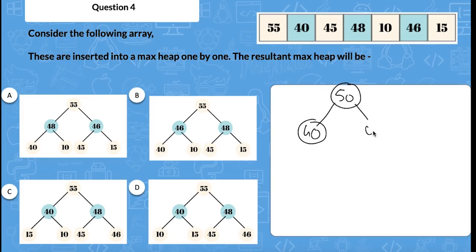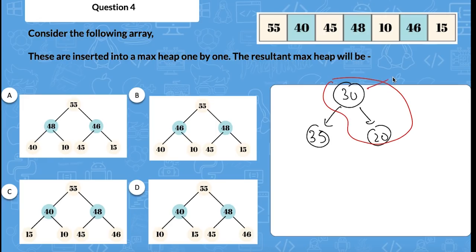But had it been 30 and let's say 35 here, and in the next case let's say 20 here, at least this particular part would be sorted because the parent element is greater than the child element. But for this particular part, this is not true because the child element is greater than the parent element. So what would happen? A swap would happen. That is, this and this will get swapped with one another.